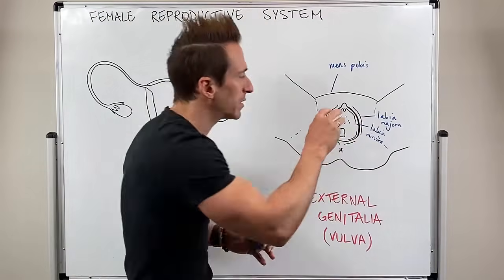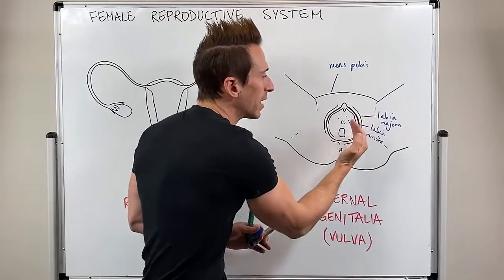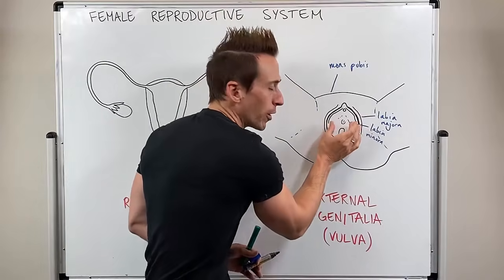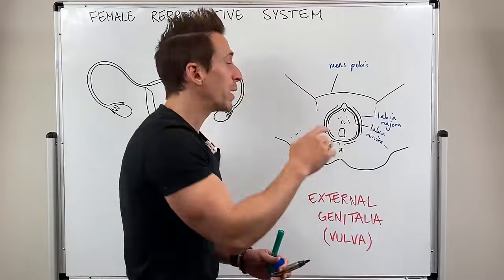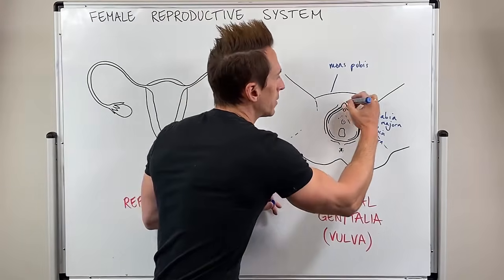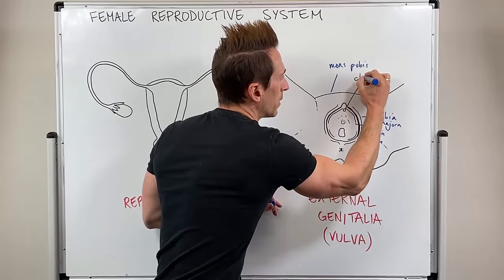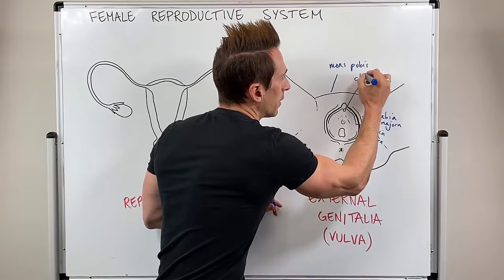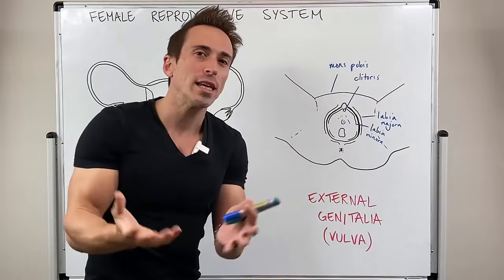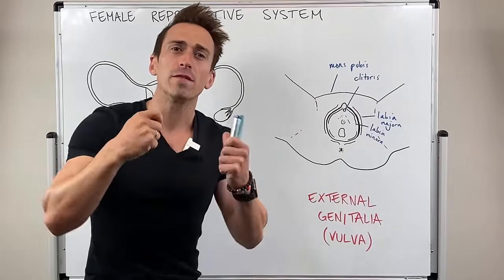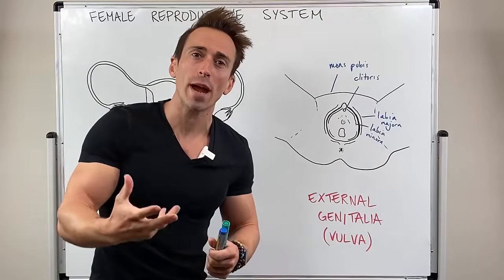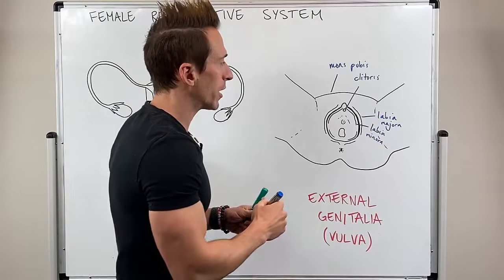Now the vestibule is the recess that sits within the skin folds of the labia majora. And what you'll find with the vestibule is it contains most superiorly that of the clitoris, and the clitoris is highly innervated with sensory neurons. So it is extremely sensitive and it plays a very important role when it comes to sexual arousal, when it comes to female reproduction.